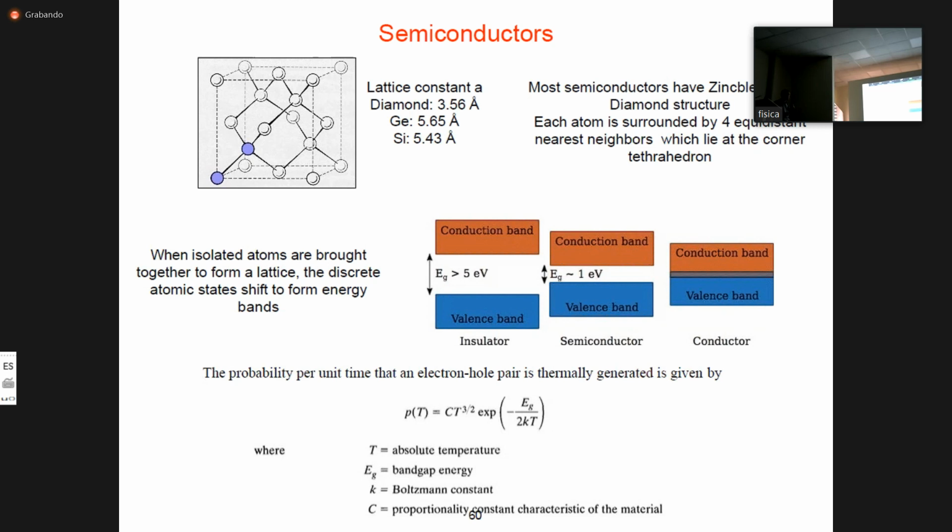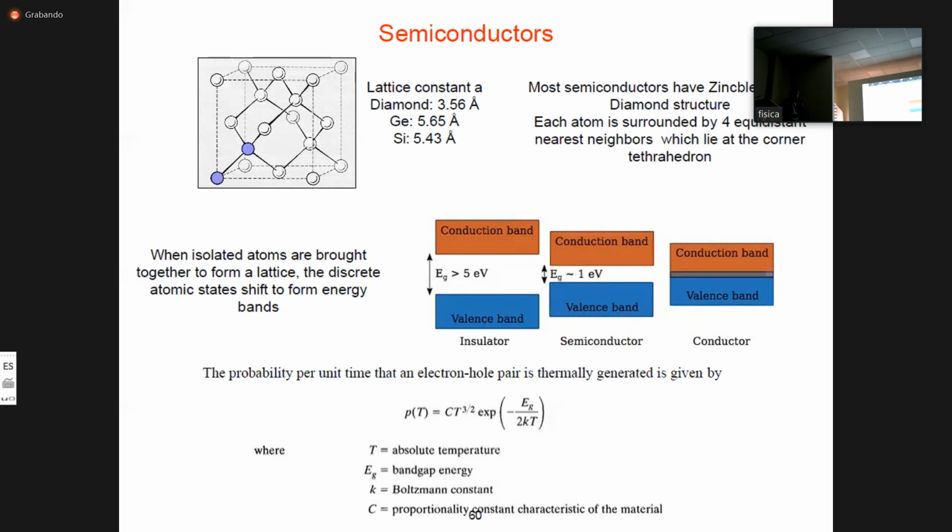In some applications now, we use diamond materials, but the main advantage of diamond is the fact that it can withstand high radiation doses compared to germanium or silicon. And here again, this band structure: we have a valence band, conduction band, and a band gap between them.